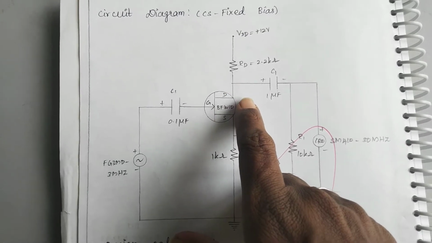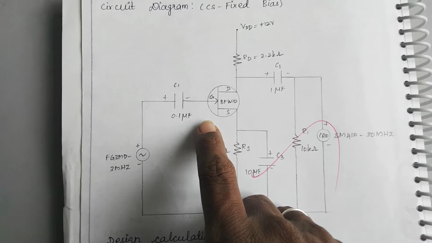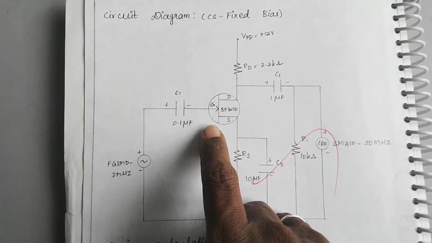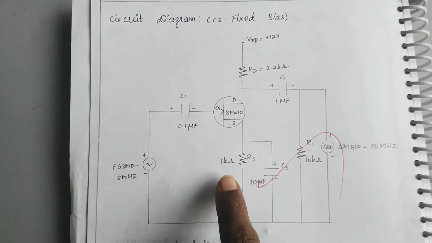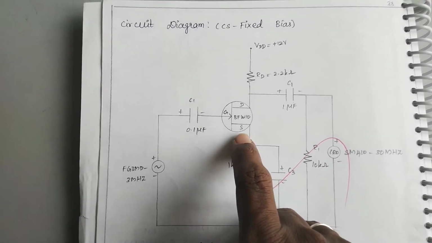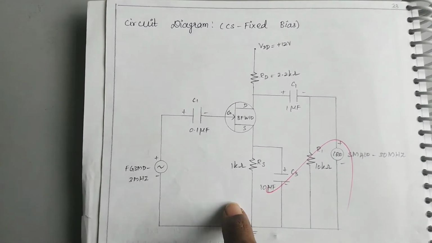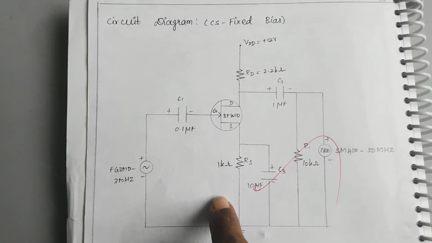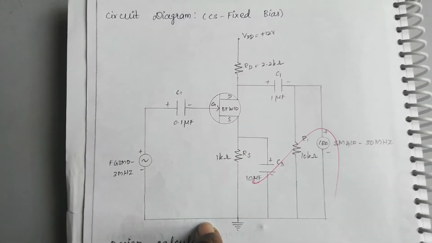This is the drain and this is the source. We are using the BFW10 for the experiment. This is the common source amplifier. The source is grounded, or taken as a common for the gate and drain.